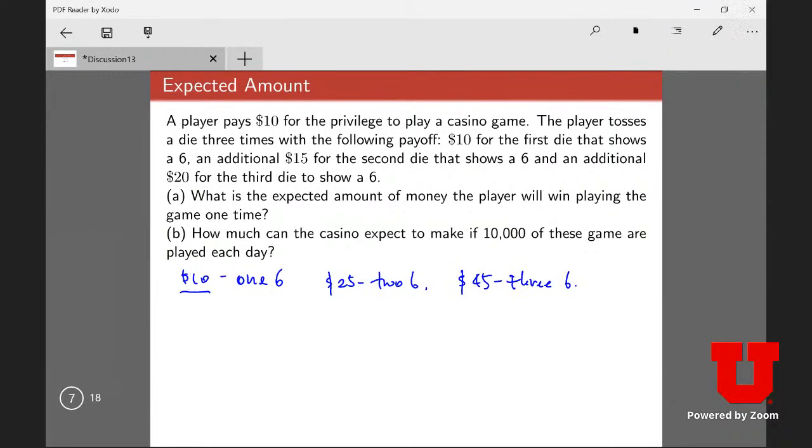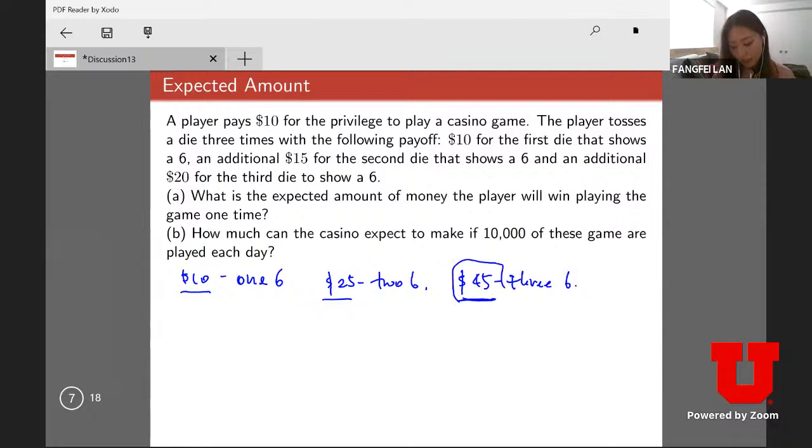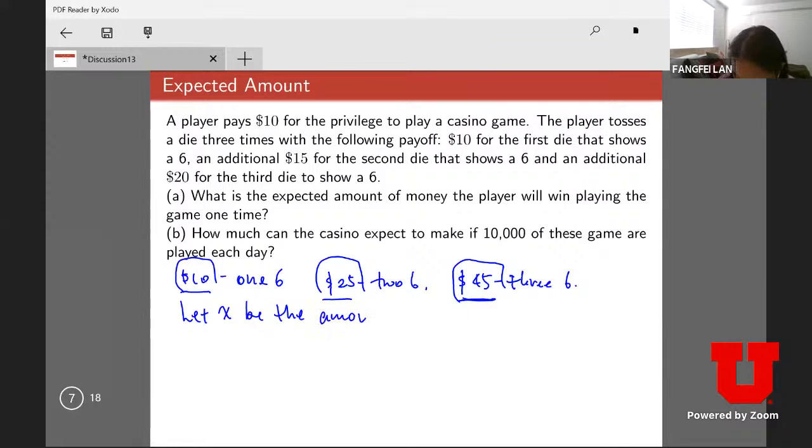So these are the weights, and then we need to multiply by the probability of getting these weights. Let X be the amount of money the player wins in a game.